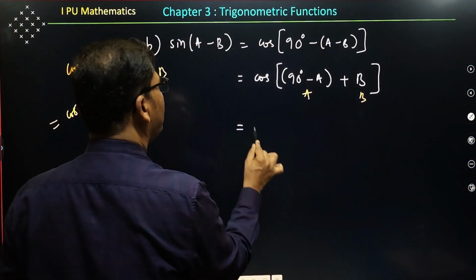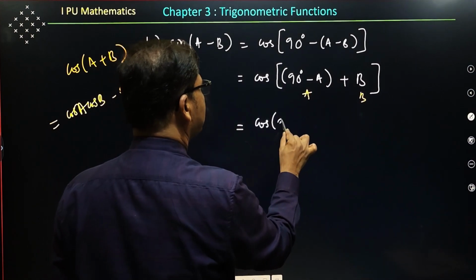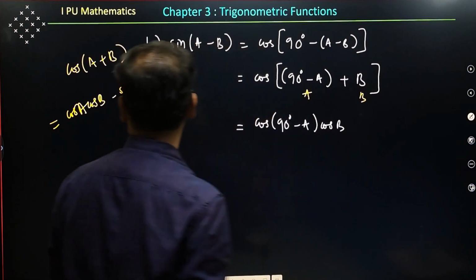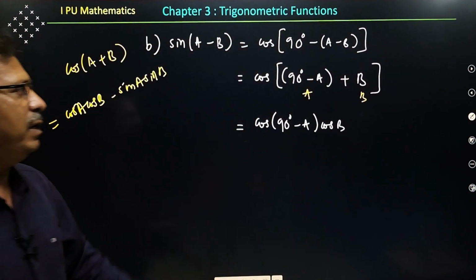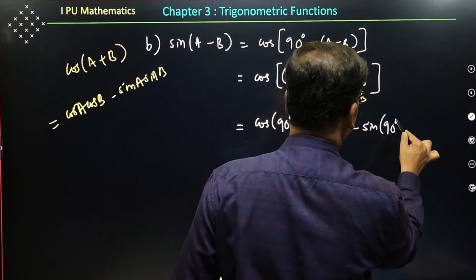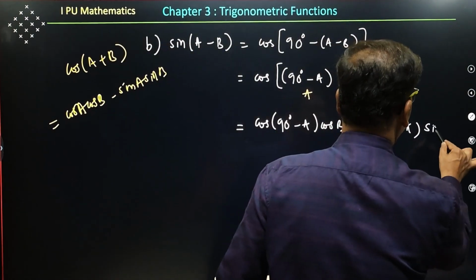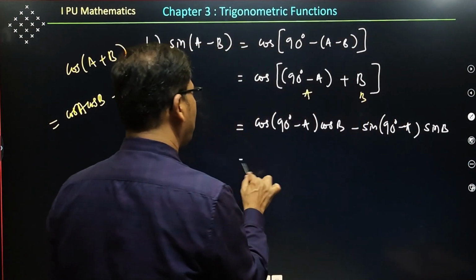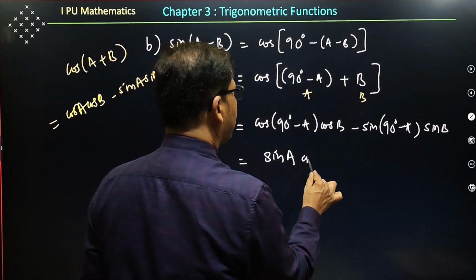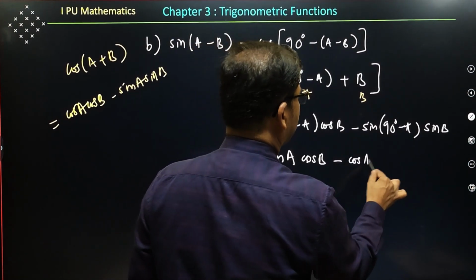This is equal to cos a cos b, that is cos of 90 minus a times cos b, minus sin a sin b, where sin of a means sin of 90 minus a in this case, times sin b. So this is equal to cos changes to sin: sin a cos b minus sin changes to cos: cos a sin b.